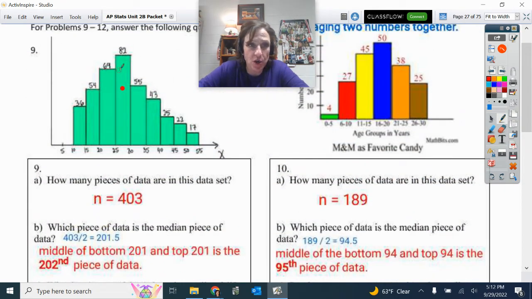So going all the way up to the top of the 69 bar gives me 159 pieces of data. That tells me my 101st piece of data is somewhere in here, because I've got 90 plus 11 more. And so there I have Q1. That puts it at 20 to 25.